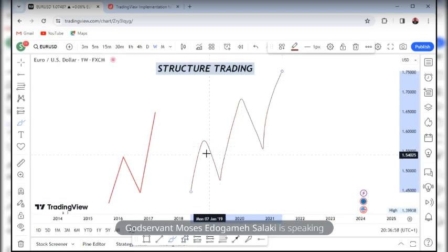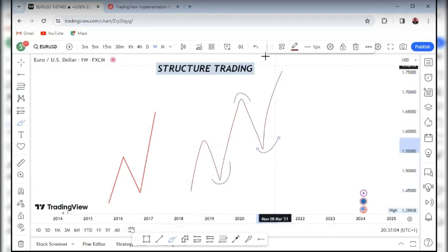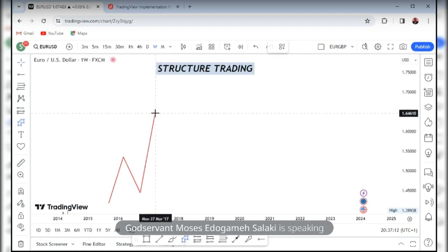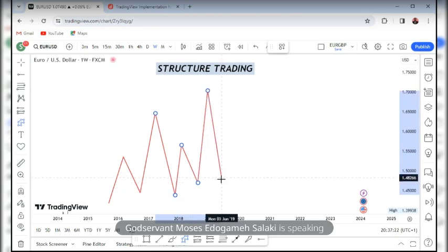So you have an established low, an established high, an established low. You call that a series of higher highs and higher lows. Then if price is bearish, you want to keep seeing price giving you momentum to the downside.